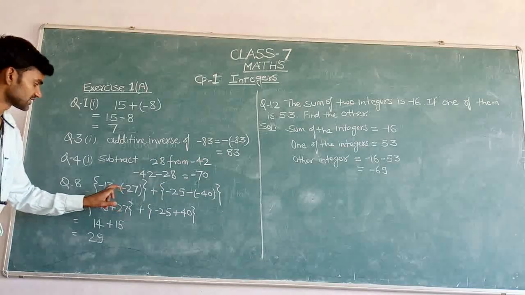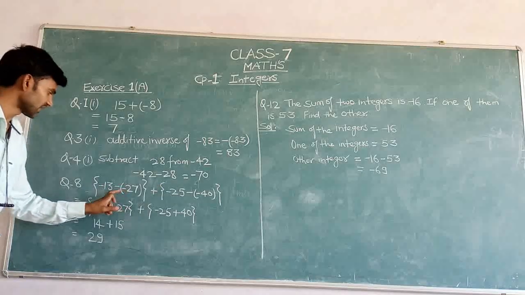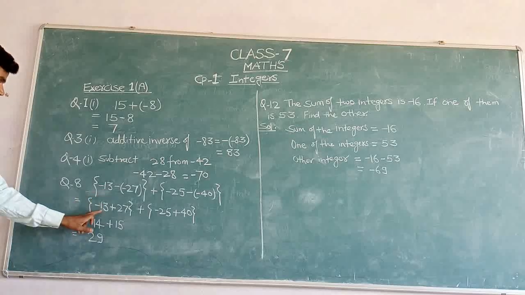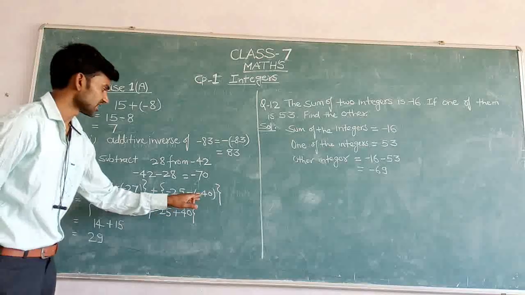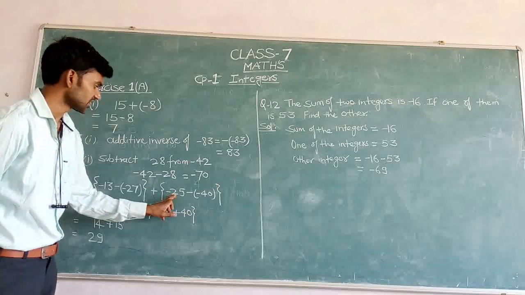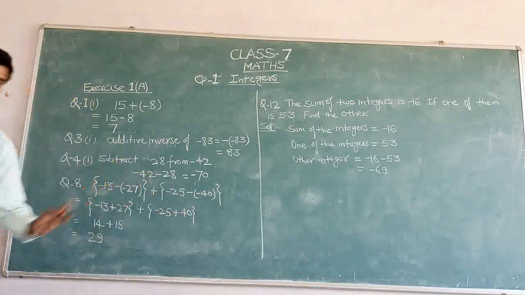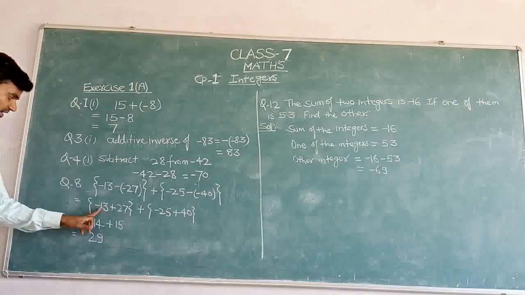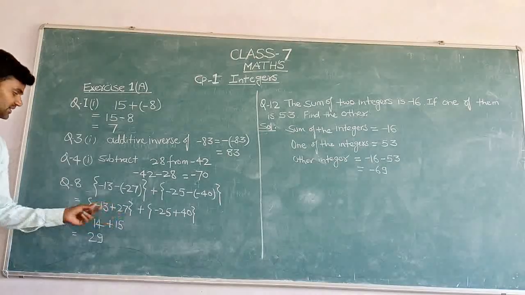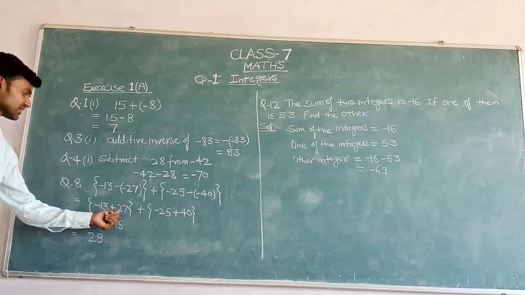Minus and minus, minus 13, minus and minus become plus. So, minus 13 plus 27. In this step, minus and minus become plus. So, minus 25 plus 40. Now, remove the curly bracket. Minus 13 plus 27. One is negative and another is positive.